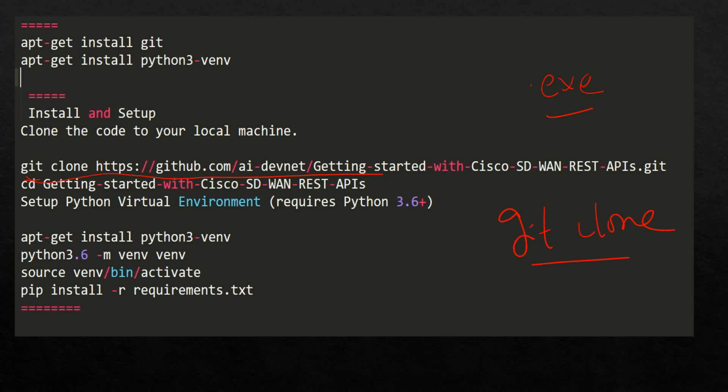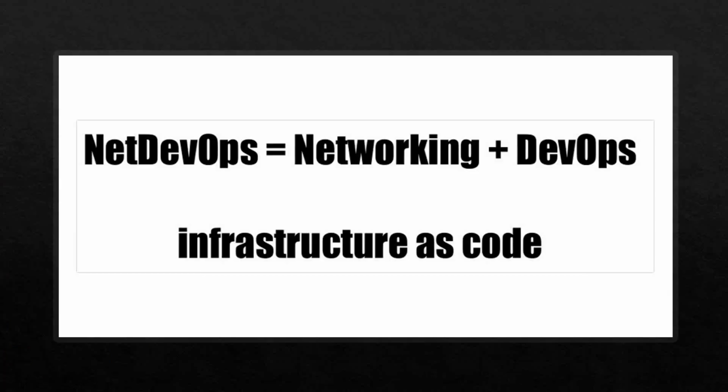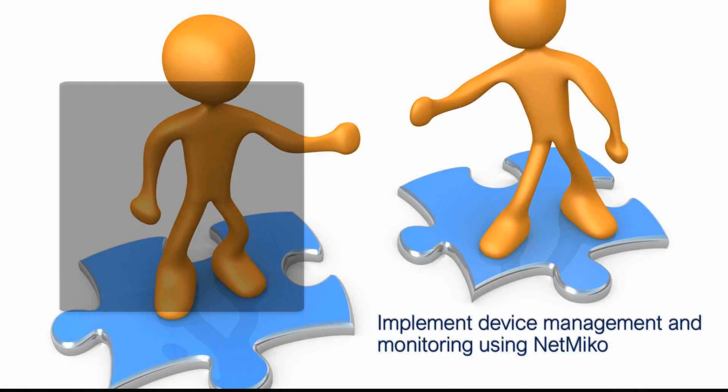You can go back in this particular recording and check that. And then these are related to the virtual environment, how you can do it. What is this requirements file? What is this pip package? I'll cover it. So this is the baseline just to create your lab. Once you have your lab up and ready, then you can go and work on it.